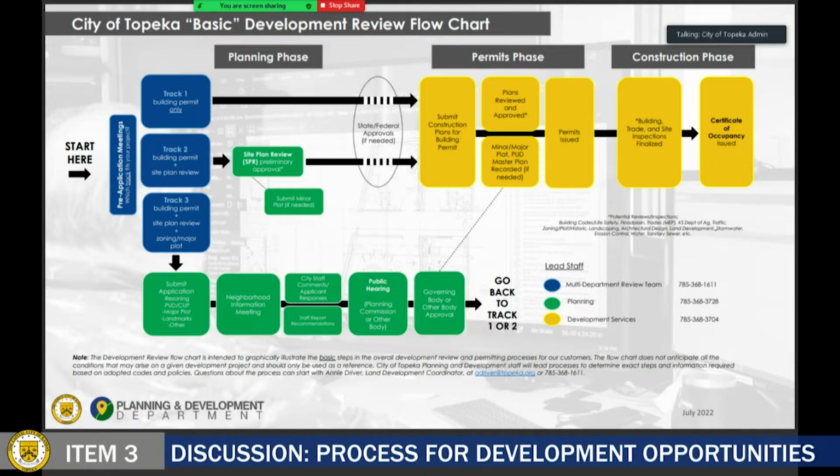So that's when in track 3, those again will be the more lengthy of all of these tracks, because you do have to then drop down into, as you see, there's some green boxes that represents more the planning stage, planning review, where you will either need to go to a body for approval. It cannot be approved administratively. So that could be the Planning Commission, it could be the governing body, it could be the Landmarks Commission, maybe the Board of Zoning Appeals. So some body other than staff drops down in that green section.